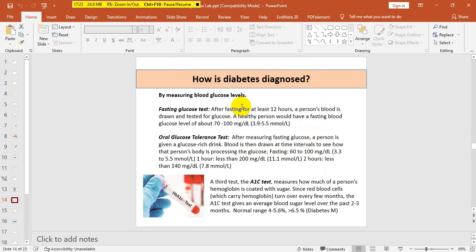By measuring blood glucose level, how do we measure blood glucose level? Fasting glucose test. After fasting for at least 12 hours, a person's blood is drawn and tested for glucose. A healthy person would have a fasting blood glucose level of about 70 to 100 milligrams per deciliter.